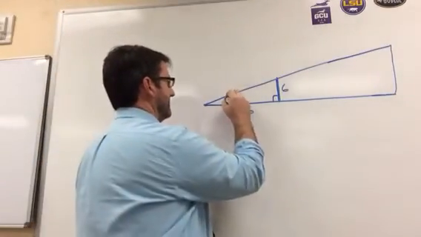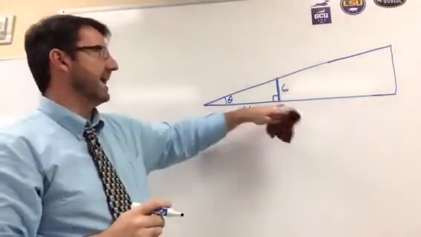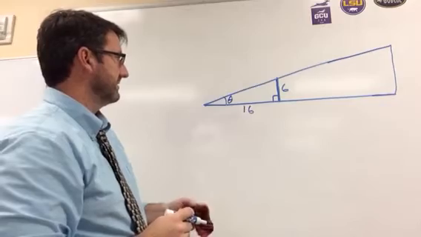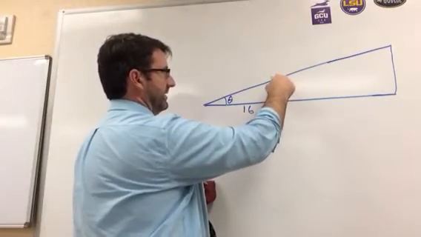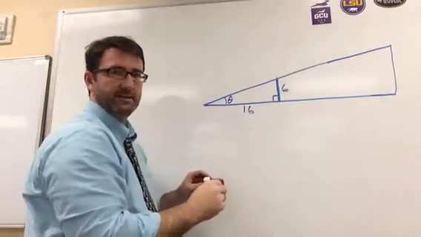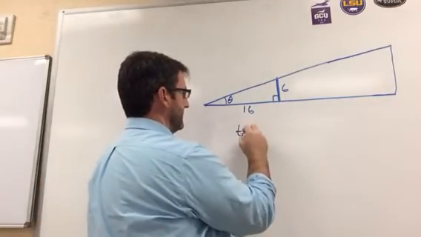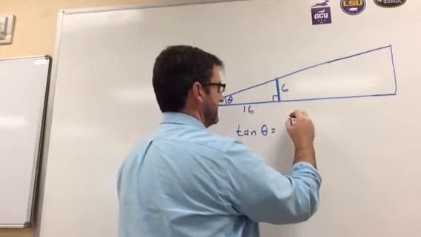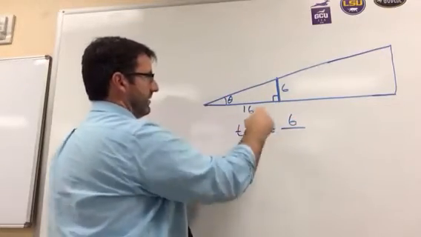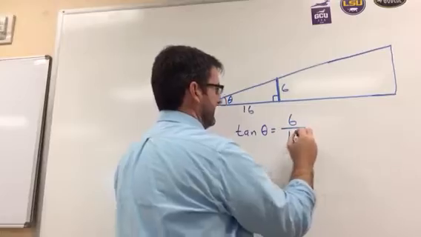And so this, we'll call this angle theta, is the angle of elevation of that star. And so here we know the opposite side, we know the adjacent side, so we're using tangent. The tangent of theta is equal to the length of the opposite side, which is 6, over the length of the adjacent side, which is 16.